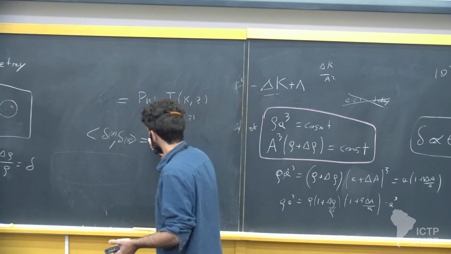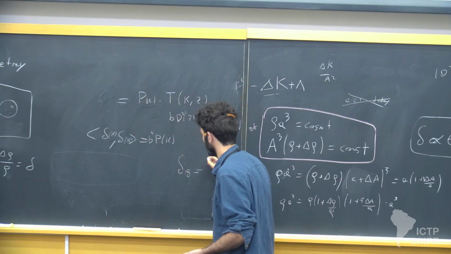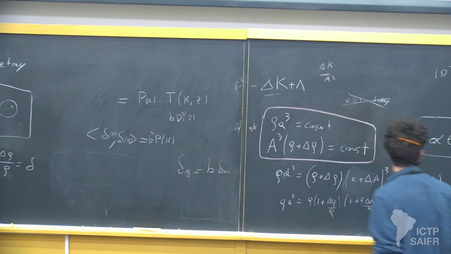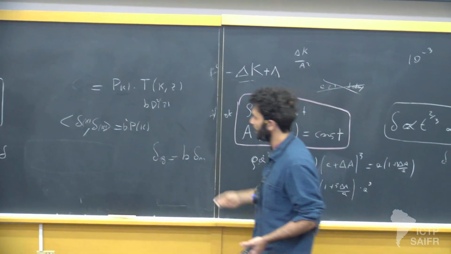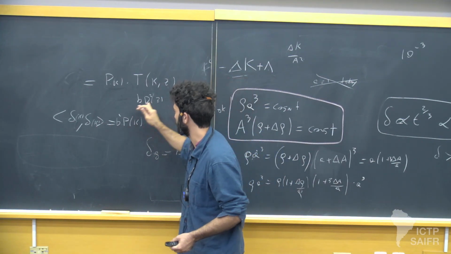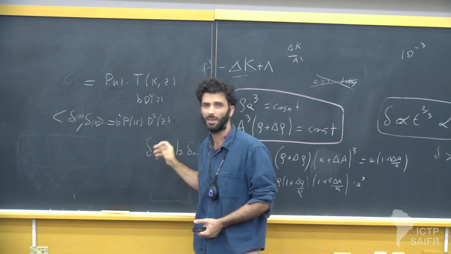There will be a b squared here, which is the galaxy bias, in the sense that you think that galaxies trace linearly the underlying dark matter distribution delta. And then there will be the transfer function, which changes the amount with time, that is just this T squared term here. Is it a bit clearer now?